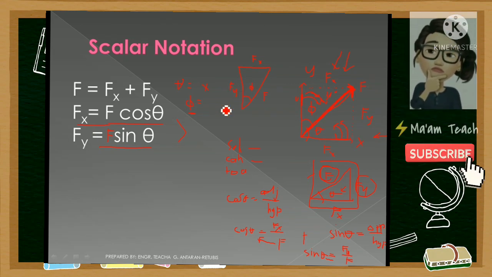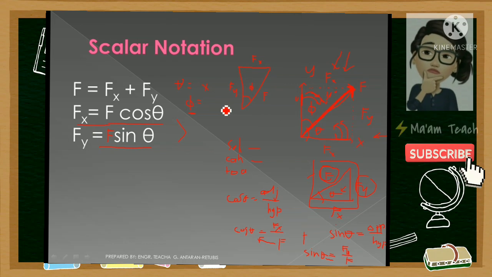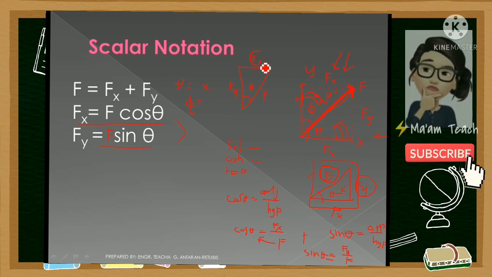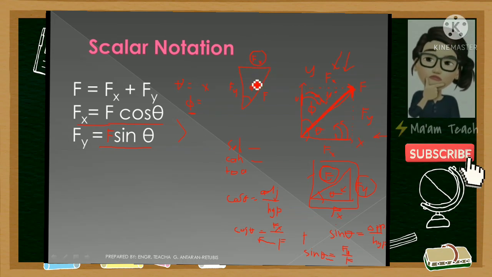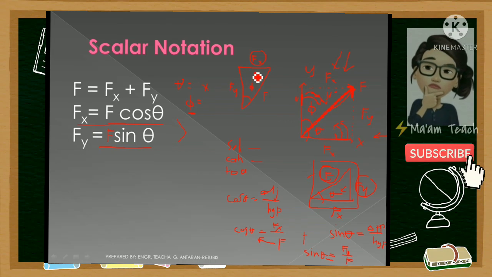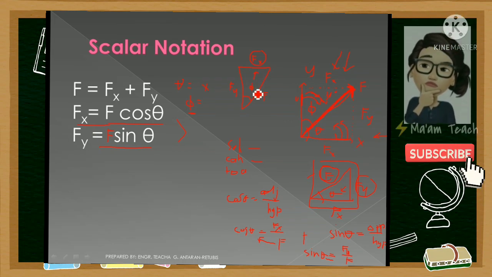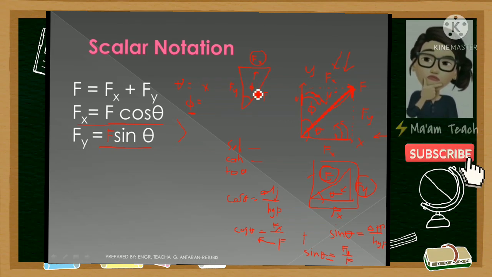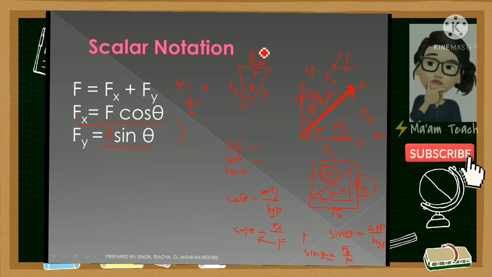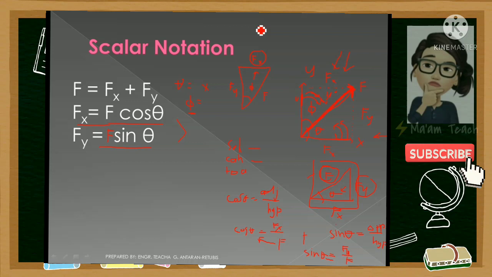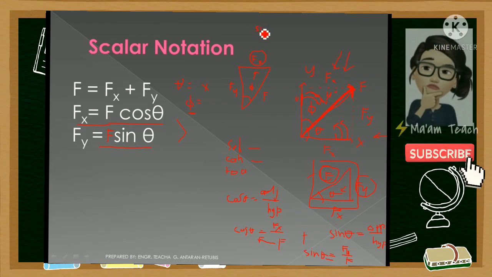Now, applying the trigonometric identity, how are we going to solve for the f sub x? Analyzing, f of x is what of your angle? Is it opposite or is it adjacent? Obviously, it is opposite. So in order for you to solve for f of x, you will be using sine. Can you follow?